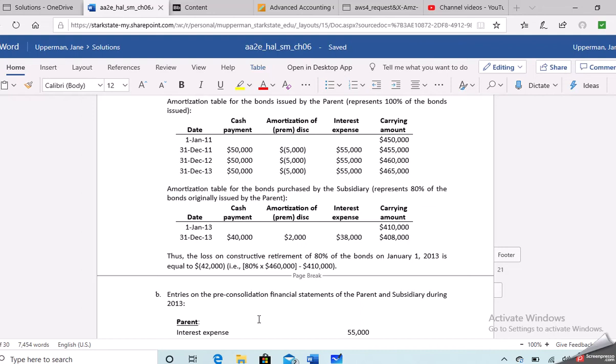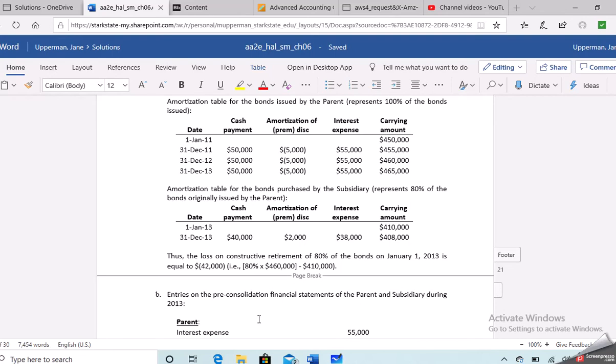I'm going to look at number 62 here because the thing I like about 62 is it shows you the parent entries and the sub entries. Number 62 says the parent has 10-year, 10% bonds at a par value of $500,000 that they sold for $450,000 on January 1st, 2011.